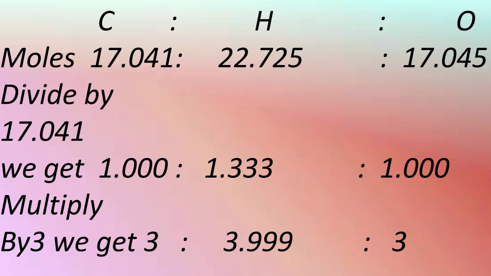It will become 2.66 and we have to find the whole number. So we will not multiply it by 2, we will multiply it by 3. We get 3 is to 3.999 is to 3. And since 3.999 is approximately equal to 4, so we have calculated the whole numbers.